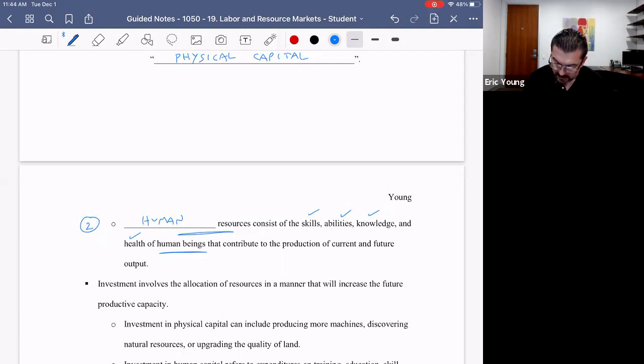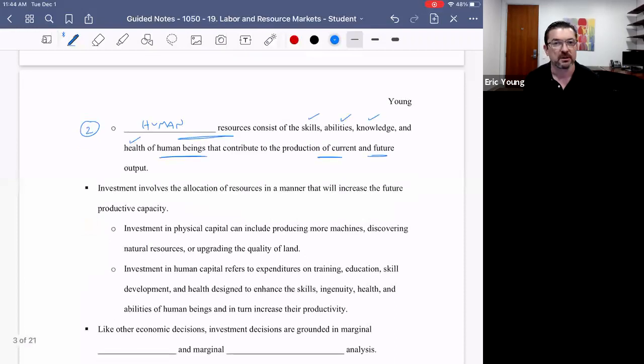Of the humans that contribute to the production of both current and future output. Okay, so we're going to be able to take these resources and categorize them as non-human, aka physical capital, and human, aka labor. Okay, they're going to behave the same in the product markets with supply and demand, but we're going to separate them.